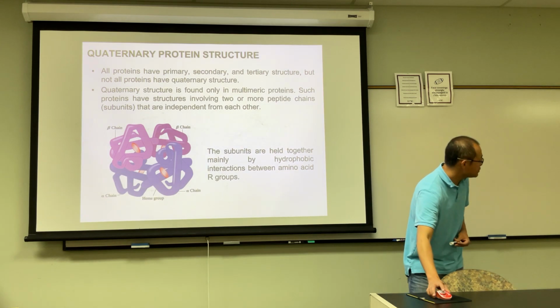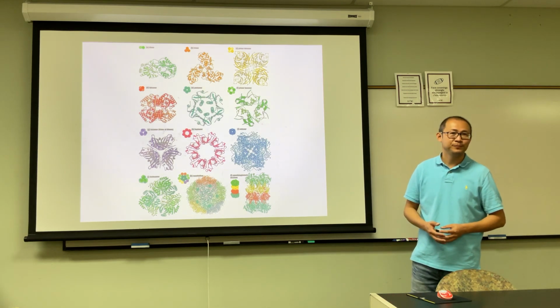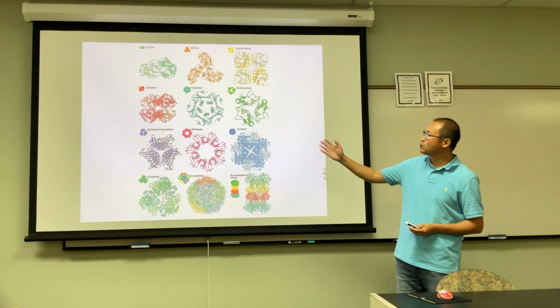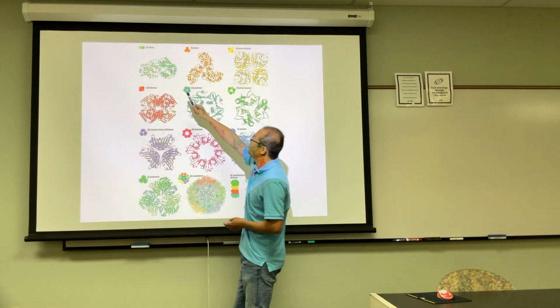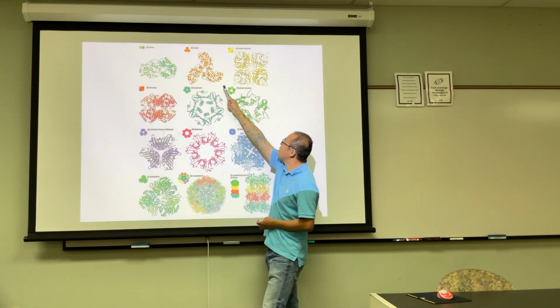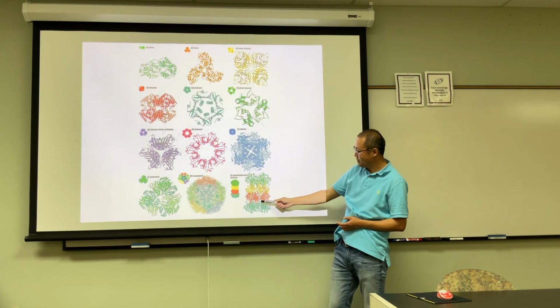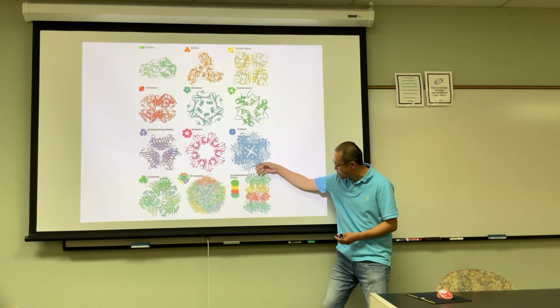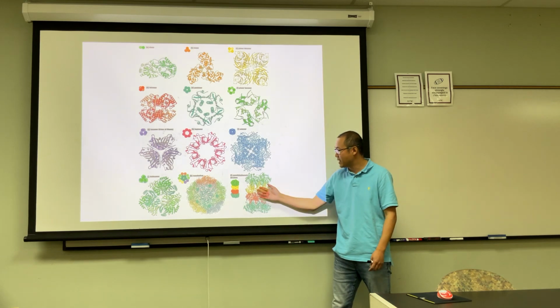I have a picture here showing you the beautiful quaternary structures. You can see these quaternary structures have different sizes. This one, for example, only has two units. This one has three units, four units, five, six, seven, eight, nine, ten. And this one has a lot of units stacking together to make a channel. You can see that it's like a channel, maybe an ion channel or some other channel.